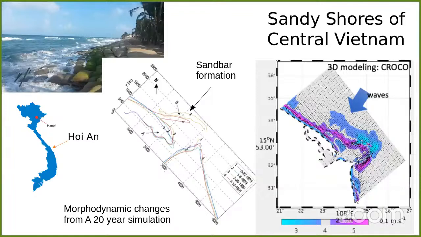And there is an application also, we are talking about sandbar, but also there is in Vietnam, on the east of Vietnam, on the Hoi An, there was an experiment done with CROCO. So here we have a result from CROCO.